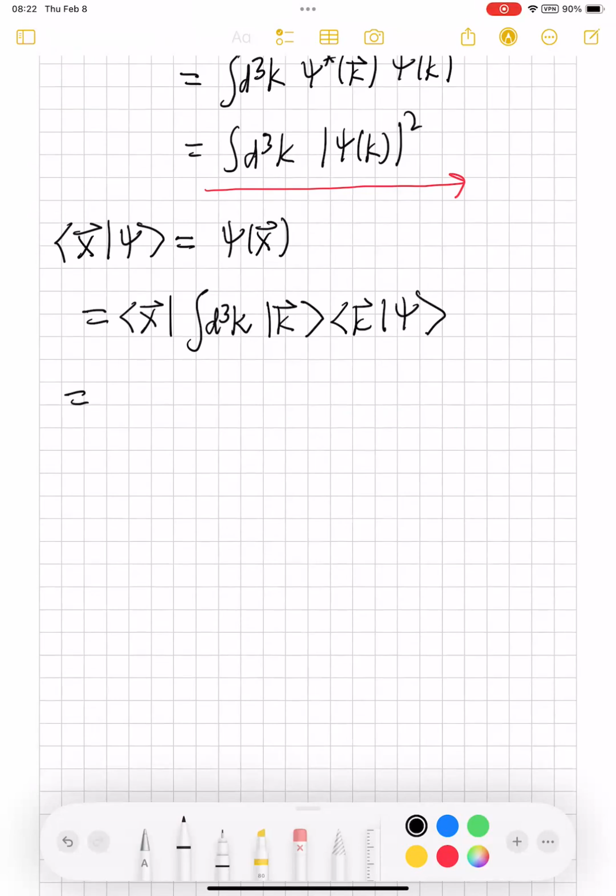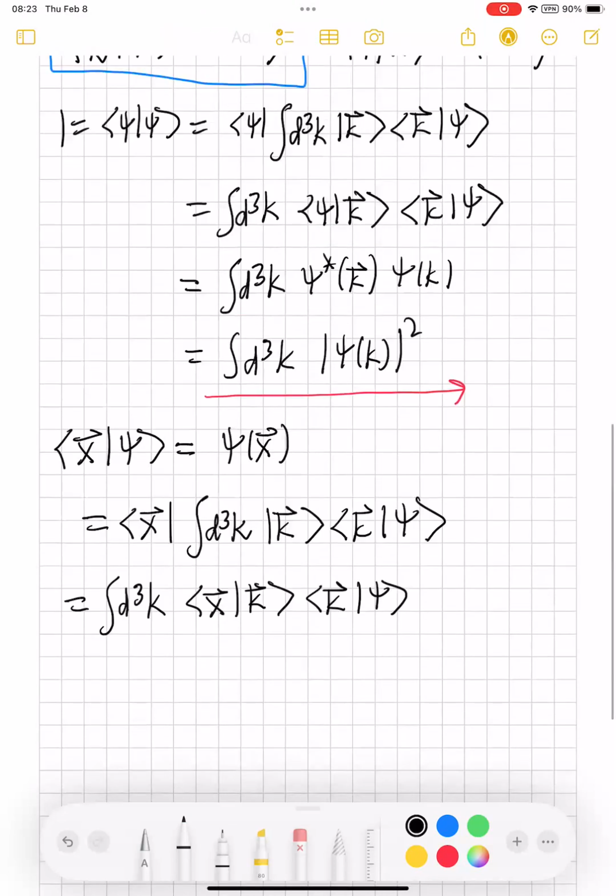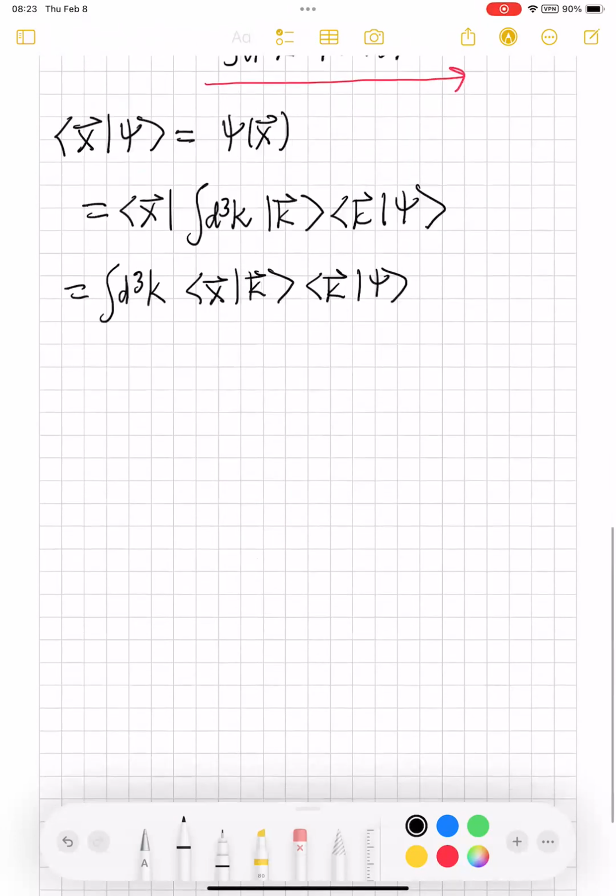And x doesn't depend on k, so I can pull the d3k integral outside. We've got a bra x ket k, and then we've got bra k ket psi. Now we know what bra k ket psi is. That's just psi of k by definition. So this is an integral d3k. This is psi of k.